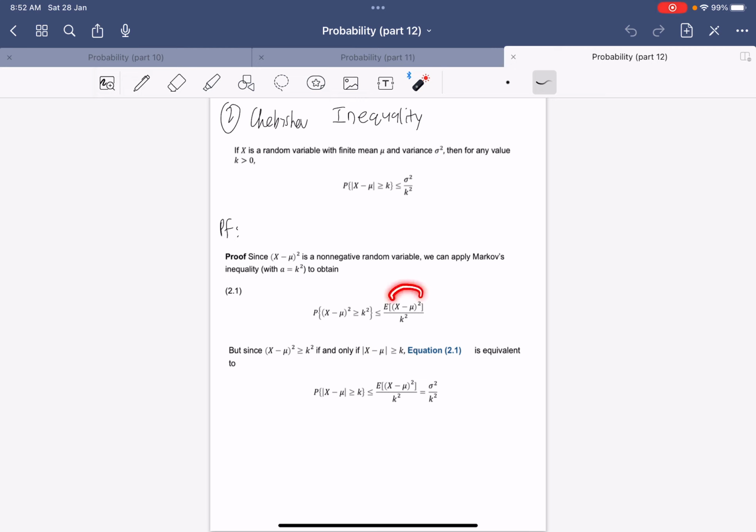And then this portion here is just sigma squared by definition. And so you get the Chebyshev inequality, which really follows from the Markov inequality. I hope this is clear, and we'll move on to our next inequality.